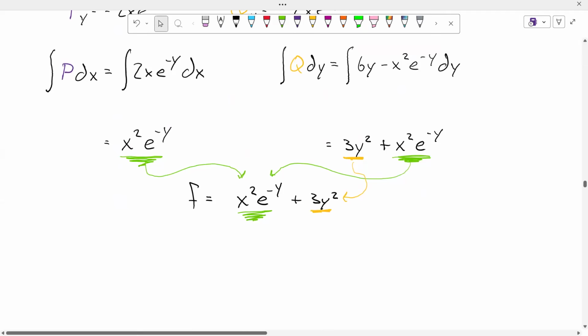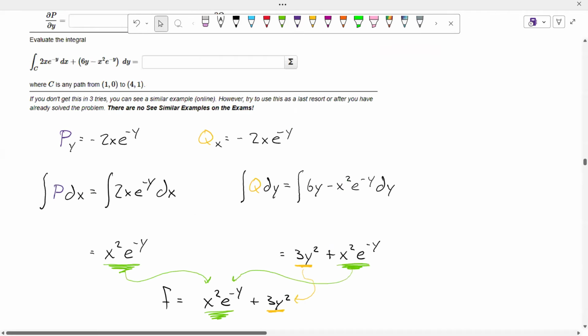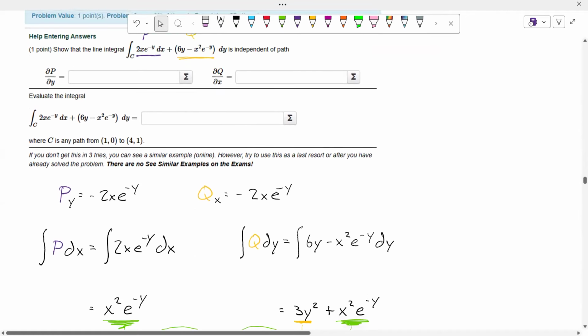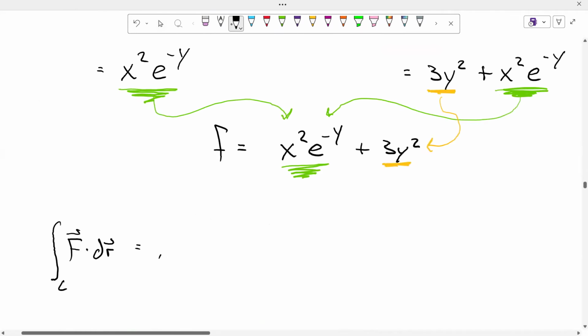But now that I have f, the rest of the problem is very, very nice. The integral of f dot dr, the line integral along my curve C, which is whatever it might be. Keep in mind that this integral is just equal to f of b minus f of a.